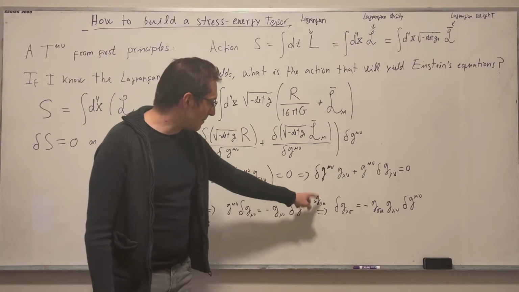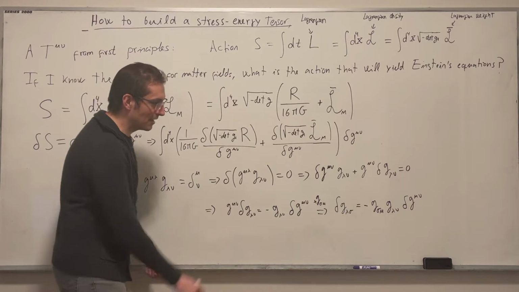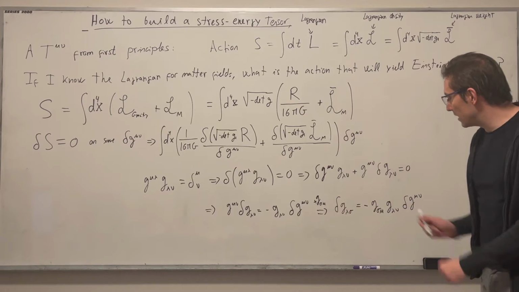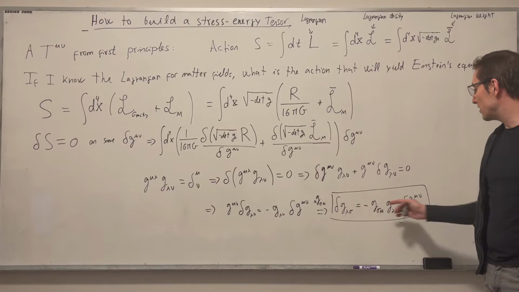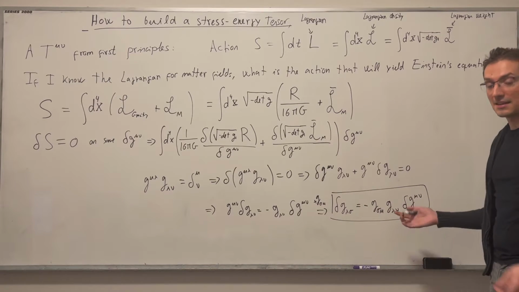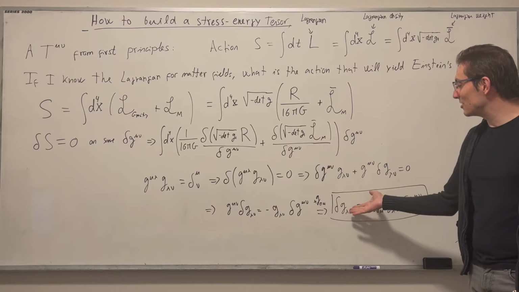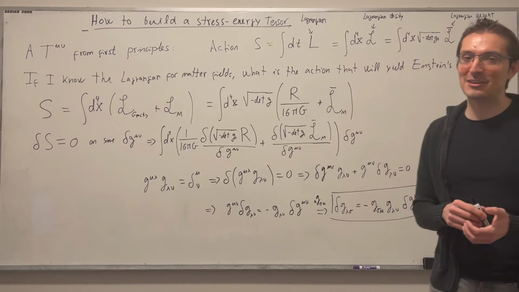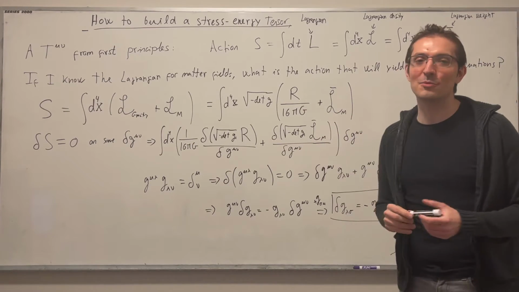Then multiply by g sigma mu from the left. That would cancel this one, give me an identity that I use to change the name of the labels. And there you go. You get that the variation of the metric tensor and the variation of the inverse metric tensor are related like that, which means that something will be stationary with respect to variations of the metric if and only if it's also stationary with respect to variations of the inverse metric tensor. So we are free to choose whichever we think is more convenient.